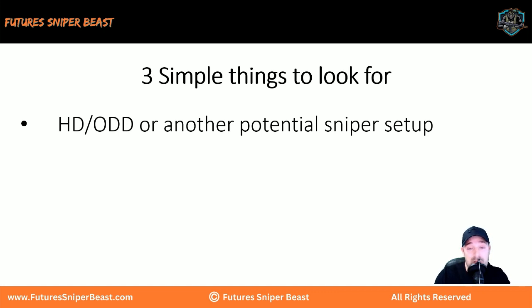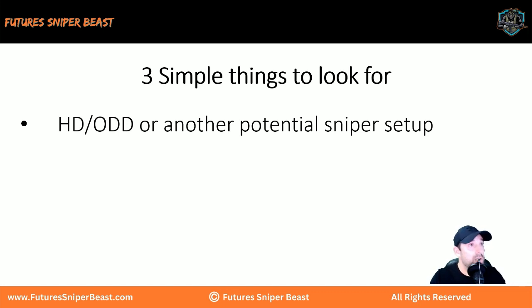And I say potential because we don't know yet, because a sniper setup requires a reversal bar, right? So if it's setting up with a potential setup, then that's great. With an LRE, it closes down, bam, great. So first one, HD or ODD or another potential sniper setup. So let's look at that.